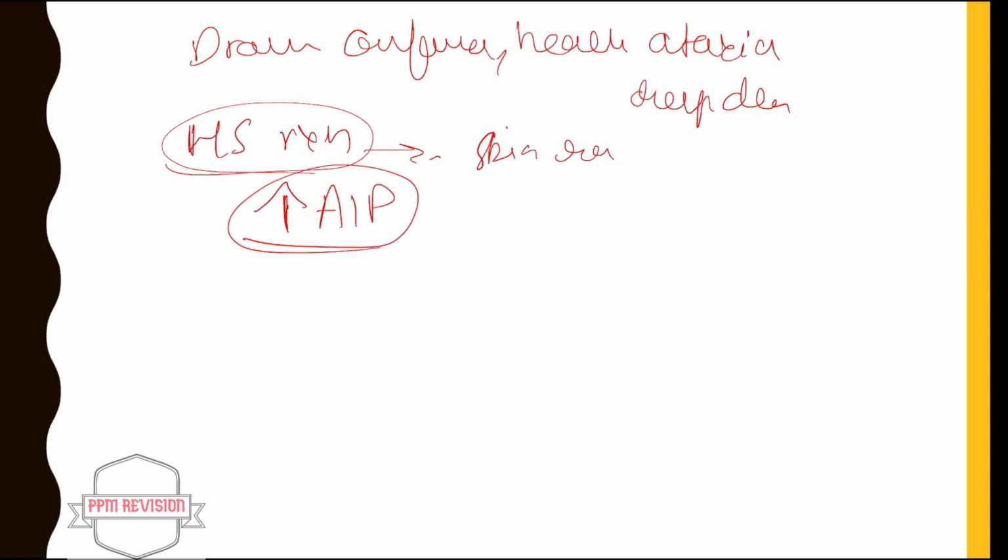So barbiturates act on AIP, that is acute intermittent porphyria. Got it? Yes. By inducing ALA synthase, that catalyzes the production of porphyrins. Got it?